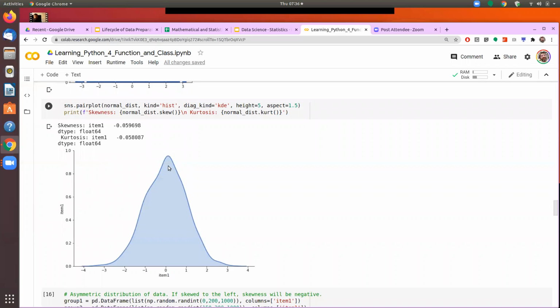So either the data set is symmetrical or it is skewed. If one side of the data has more data elements and the other side has fewer, then we would say that my data set is not symmetrical. But how do we quantify the symmetry of the data?